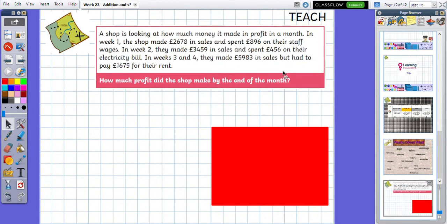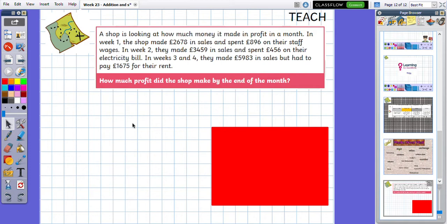It says, a shop is looking at how much money it made in profit in a month. In week 1, the shop made £2,678 in sales and spent £869 on their staff wages.